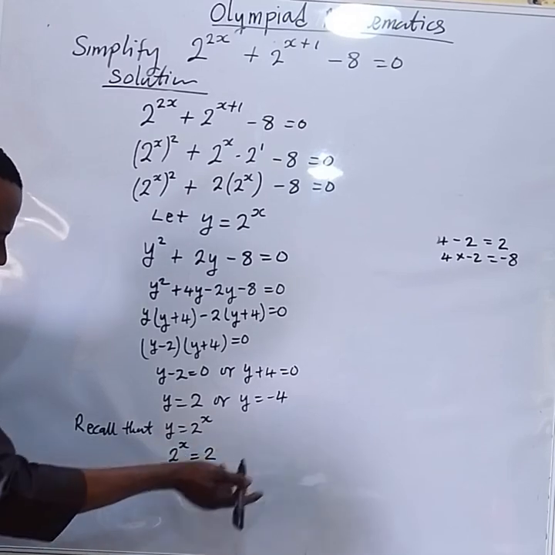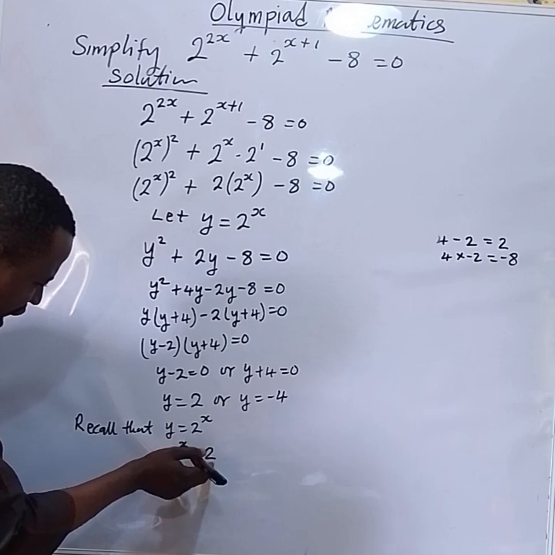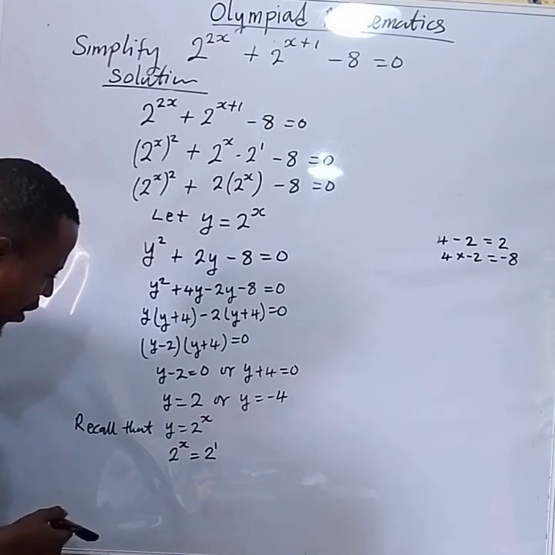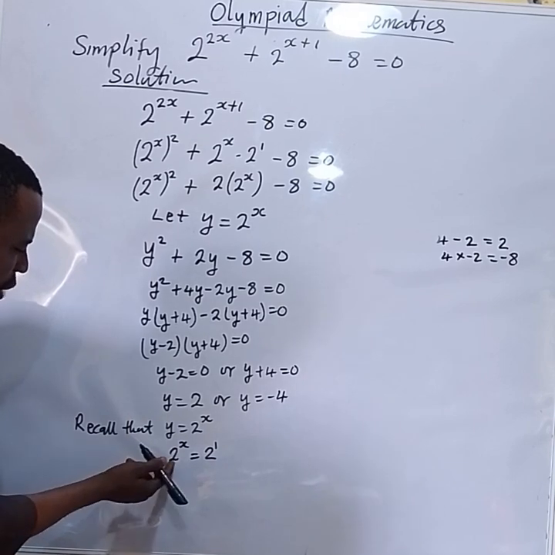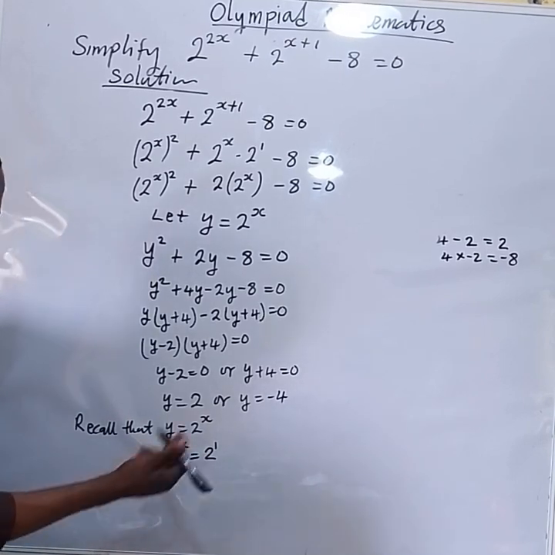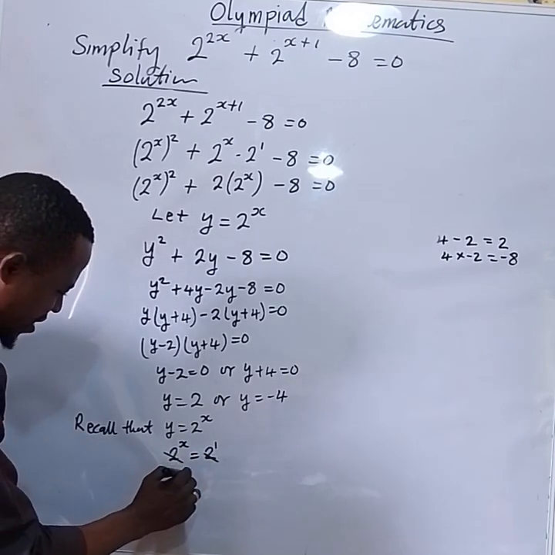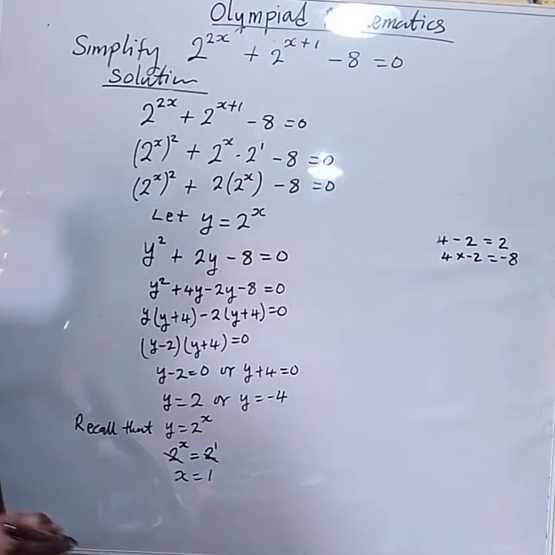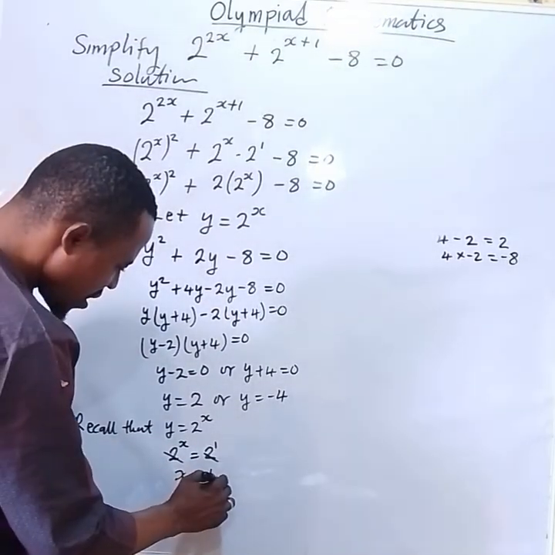So when you have 2 raised to power x equals 2, it's easy. Then what can you add? It will give you raised to power 1. So 2 raised to power x equals 2 raised to power 1. When the bases are equal, then you equate the powers. So this base cancels this base, and we have x equals 1. So as we have x equals 1, that's the first answer.